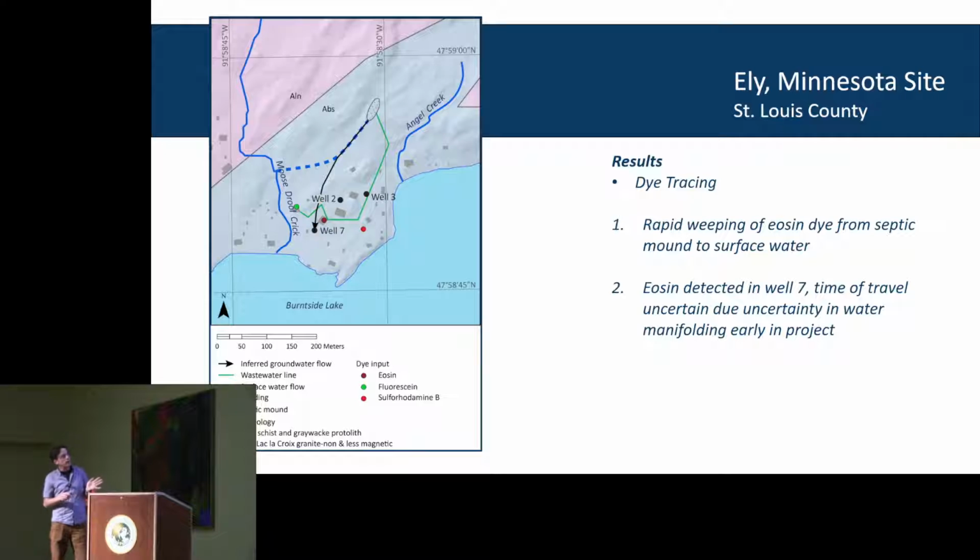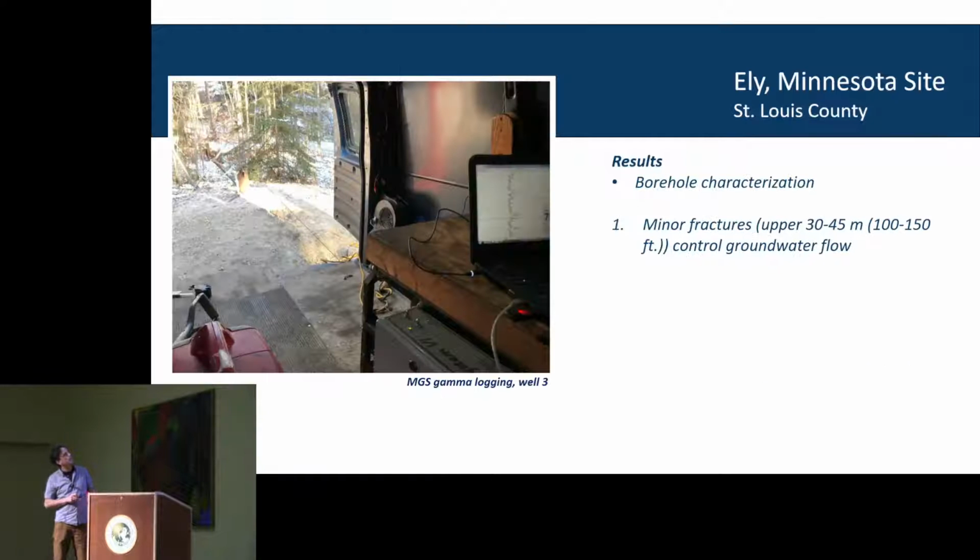And what that meant was that we detected dye in that well, but we have a very poor handle on the time of travel because those wells are getting manifolded differently through the project. And to date, we've got no detection of sulforhodamine B or the uranine. But we do plan on changing those bugs a couple more times before the June 30th end of budget year.